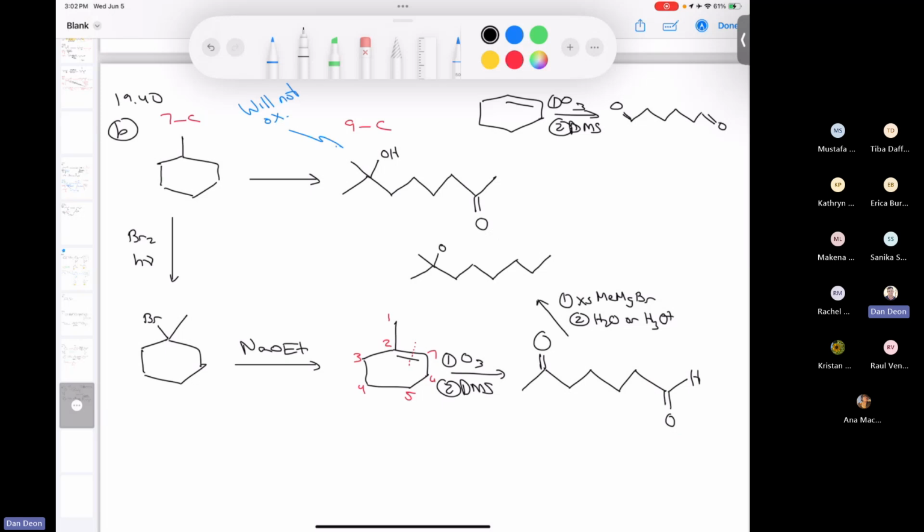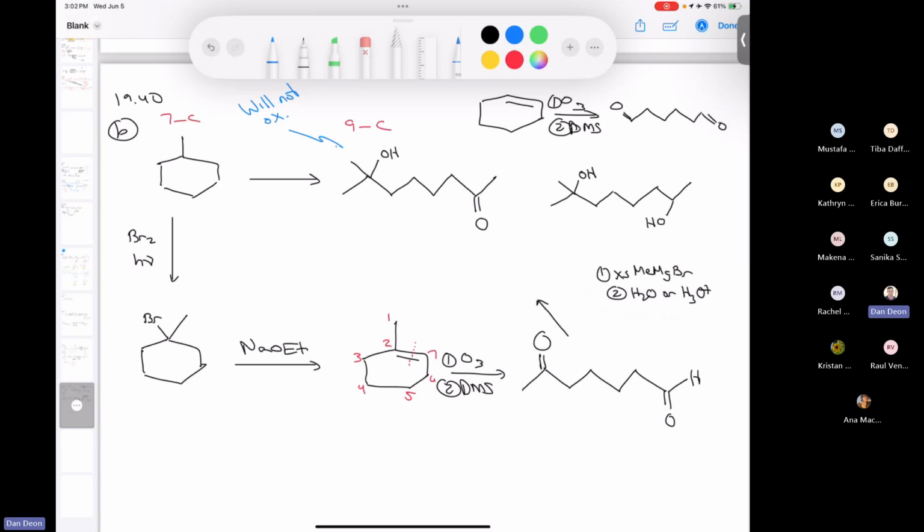So that's going to give me my tertiary alcohol. Now I'm going to have a secondary alcohol here. Okay, now I didn't give myself enough room. Tell you what I'll do. I'll move this over here like that, and I'll move this over here, and we'll change this arrow. Let's do this. There we go.